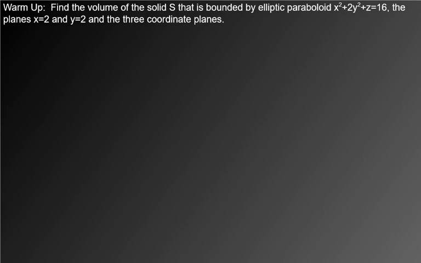But this problem asks you to find the volume of the solid that is bounded by the elliptical paraboloid, given by this, and the planes x equals 2 and y equals 2, and the 3 coordinate planes. Ugh. So you can try and draw it. This thing right here, z equals 16 minus x squared minus 2y squared.